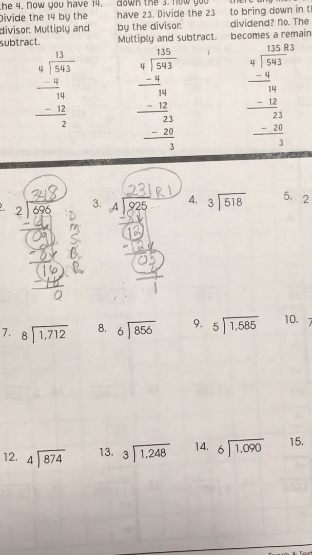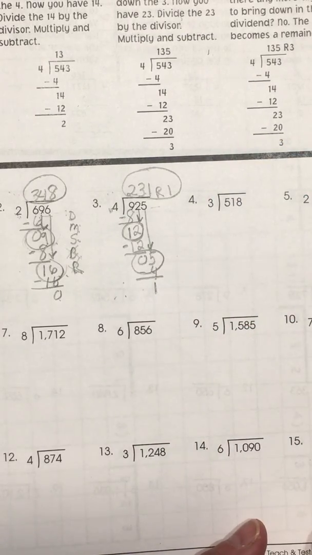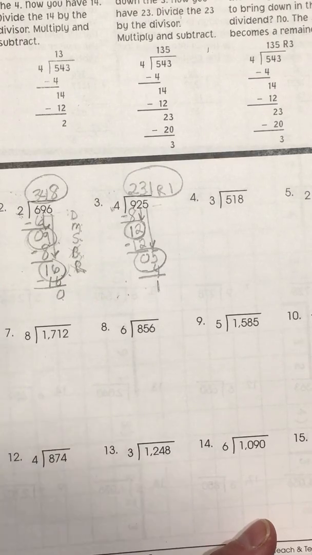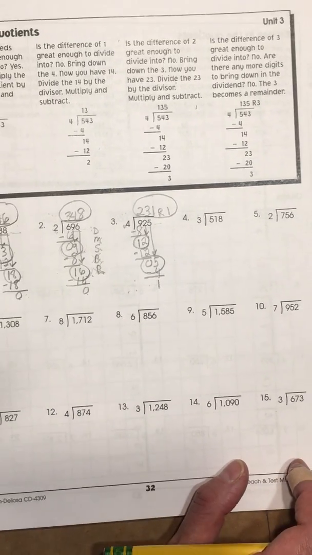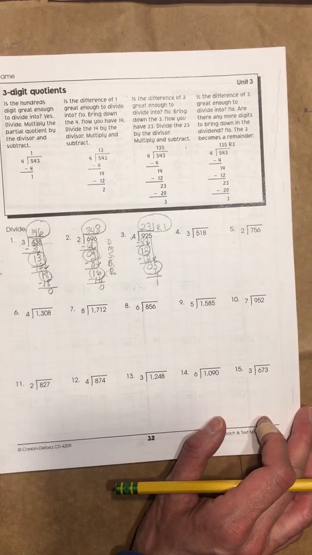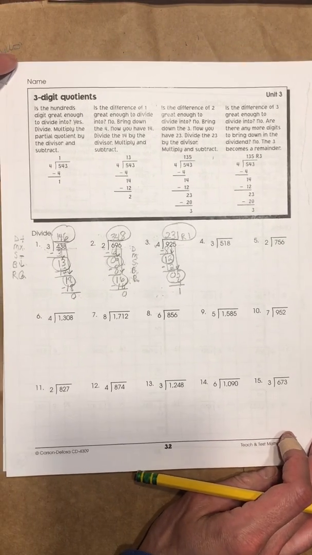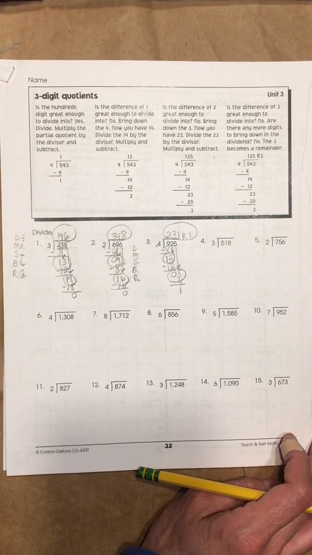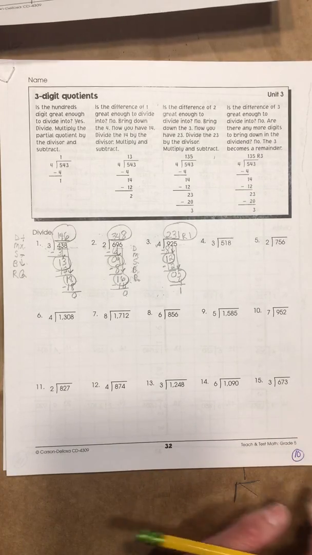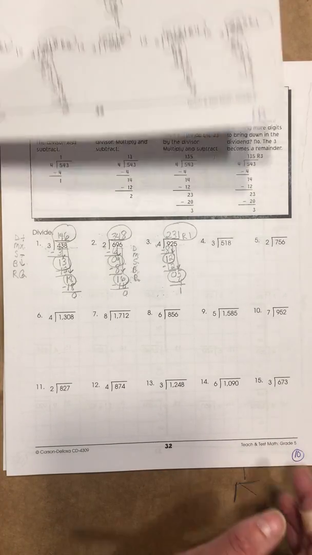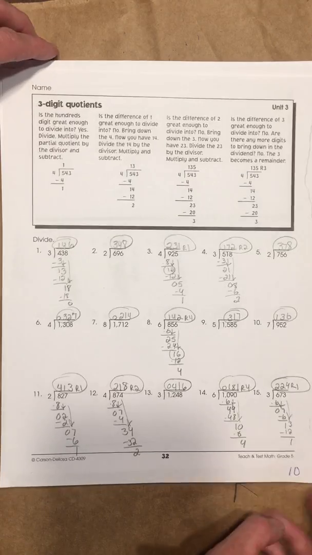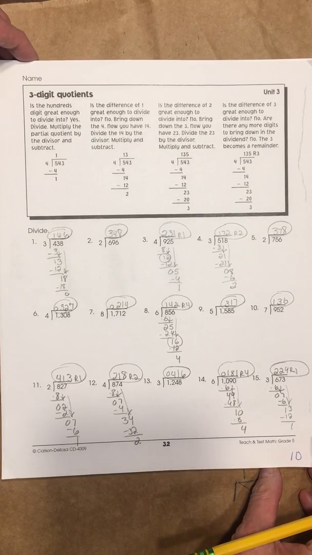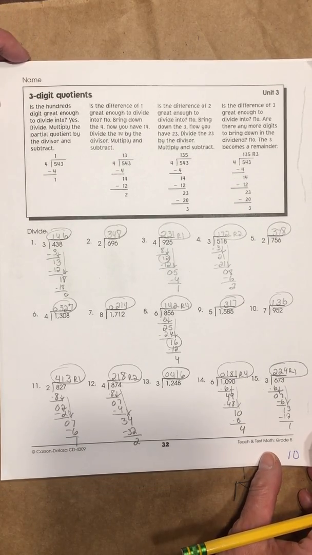Okay, you can pause the video to work on the rest of the problems. And then I'm going to put the answer page on the video. So you can pause it, and then when you're ready, you can correct your own work.